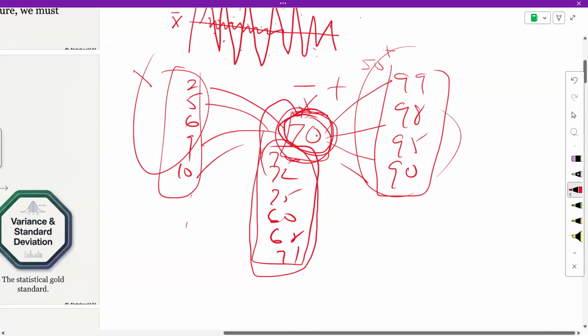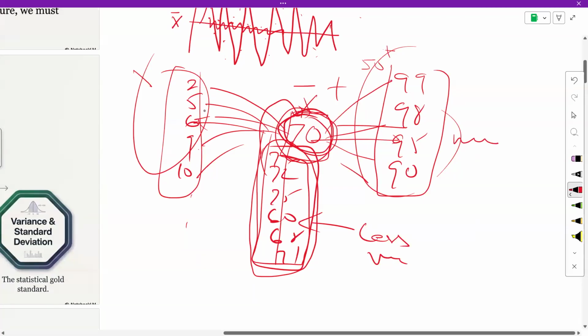This is a mid value, a central location. When you look at this data set and this data set, they deviate far more from their average. And here, these values are very close to the mean. Here it means less variation, and here more variation. Here there is much more variation, right?